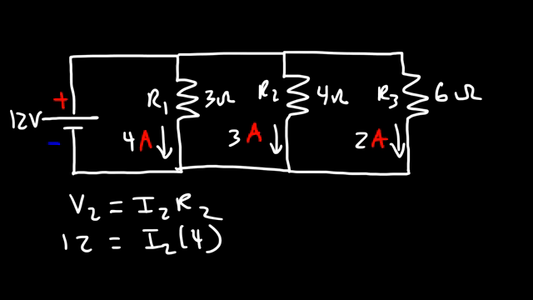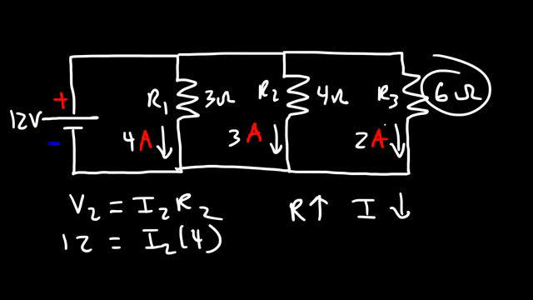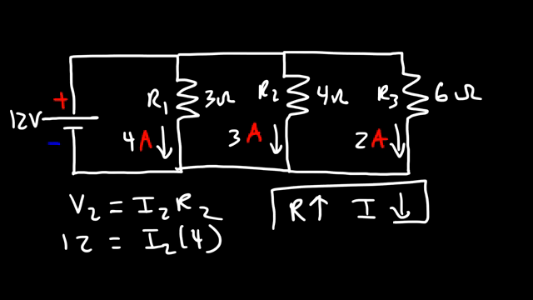Now, notice that as the resistance increases, the current decreases, as we mentioned in the beginning of this video. Here, notice that R1 has the lowest value and it has the highest current. R3 has the highest value, but it has the lowest current. So as you increase the resistance, the current decreases.